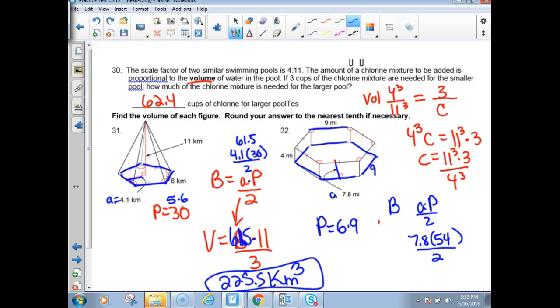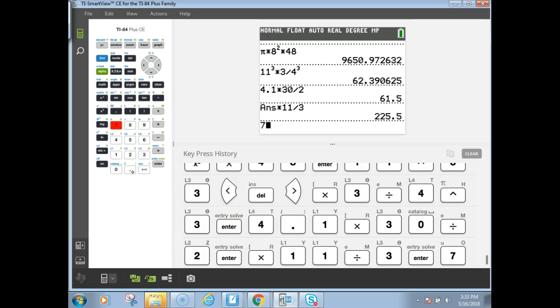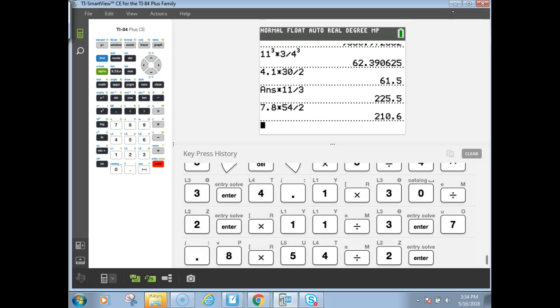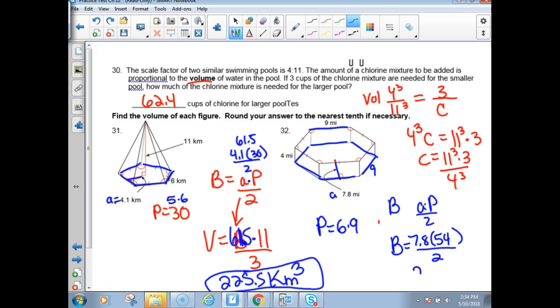So I've got to do 7.8 times 54 divided by 2 to get the base area. So my base area is 210.6. All right. Now, volume.